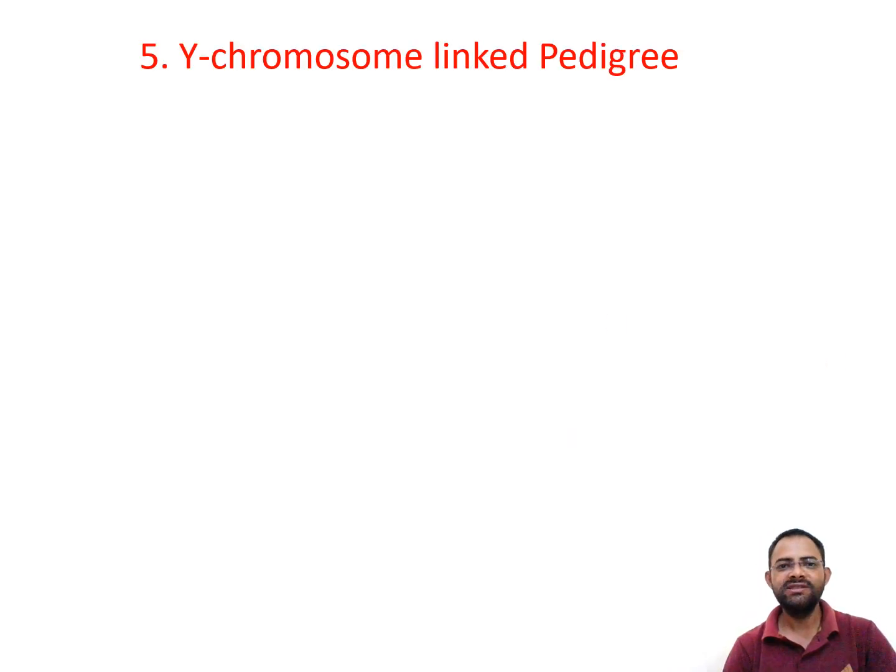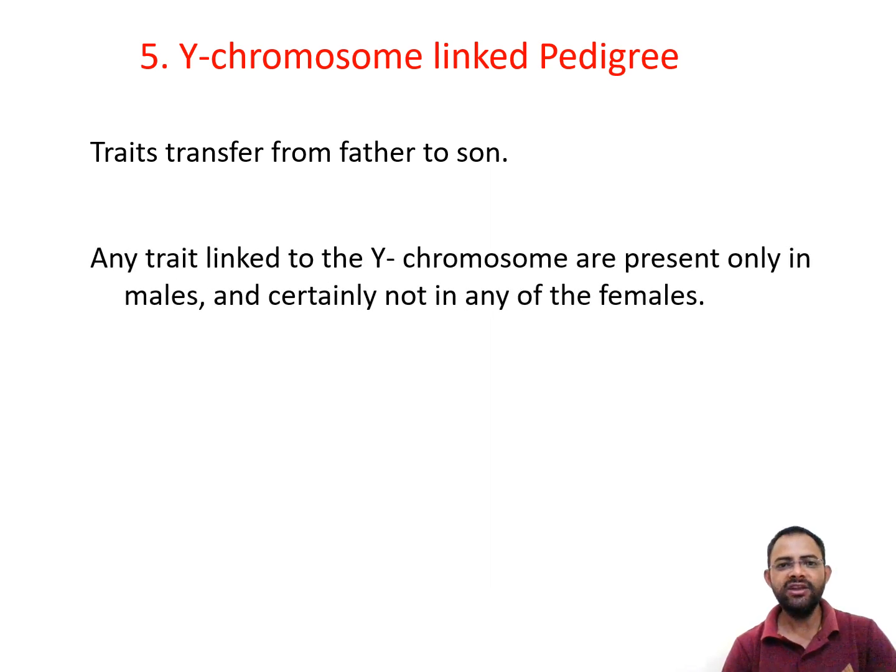The fifth one is Y chromosome linked pedigree. The most important characteristic feature of this pedigree is the traits always transfer from father to son. These are the traits whose gene is present on the Y chromosome. Any trait linked to the Y chromosome is present only in males and certainly not in any of the females.